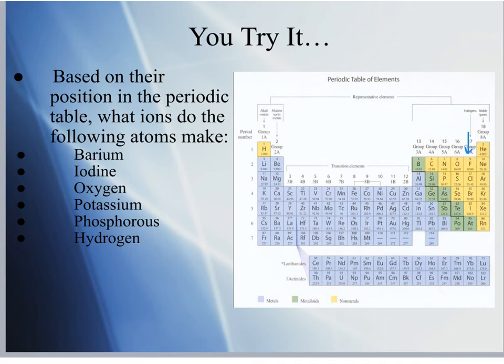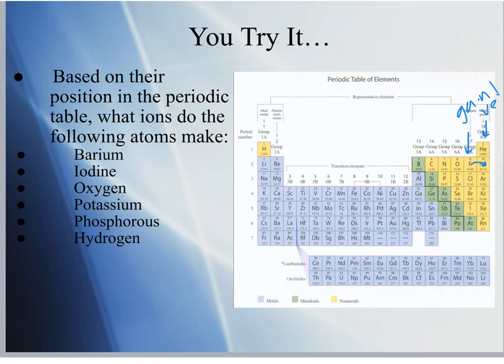The nearest noble gas to them is group 8. So in order to get 8 valence electrons, everybody in group 7 needs to gain 1 valence electron. So 7 plus 1 is 8. Does that make sense? So everybody in group 7 is going to gain 1 valence electron, so they have the same number as the noble gas nearest them.